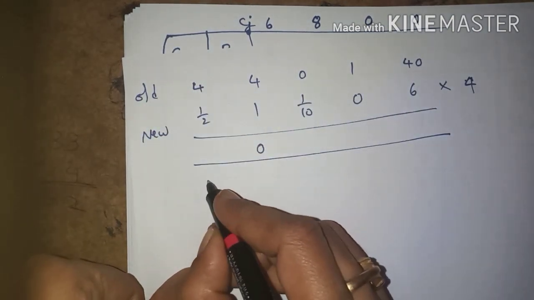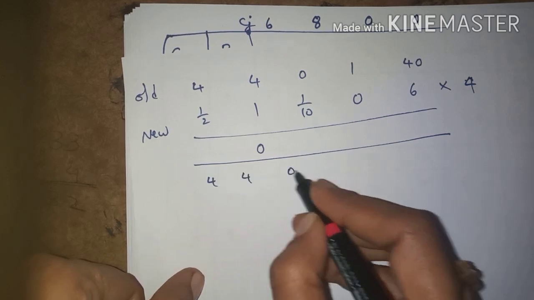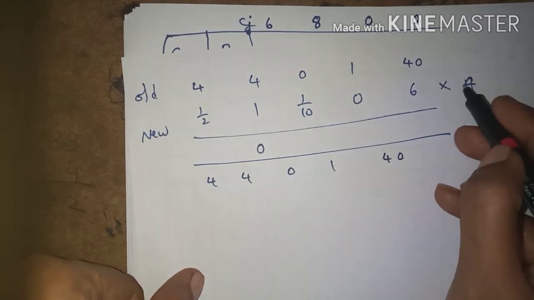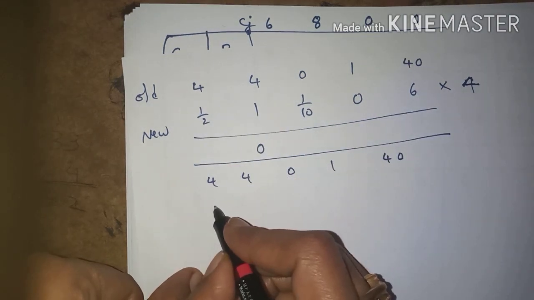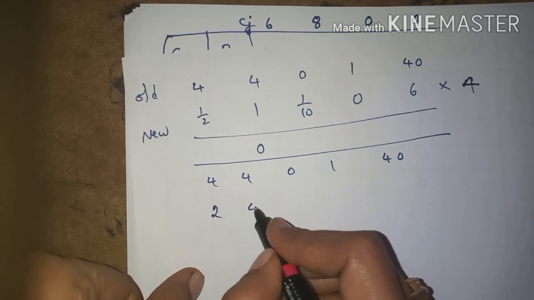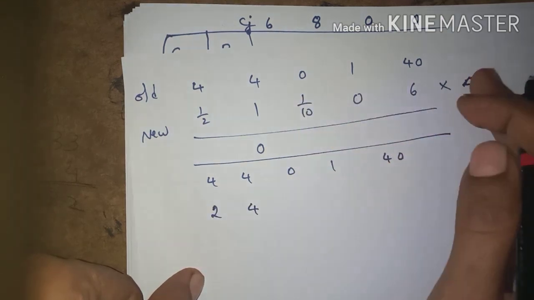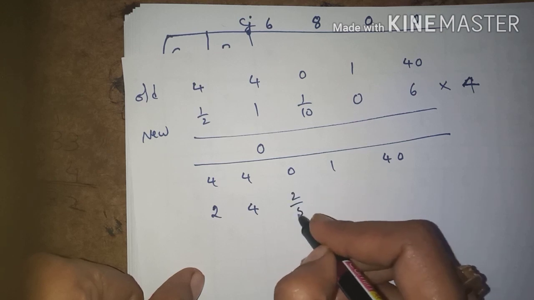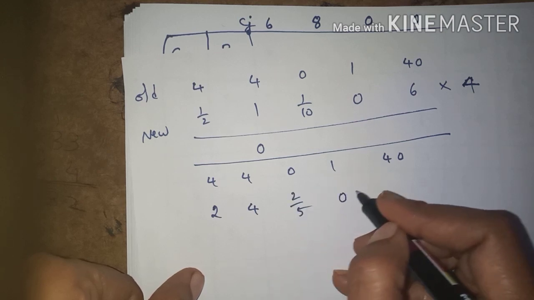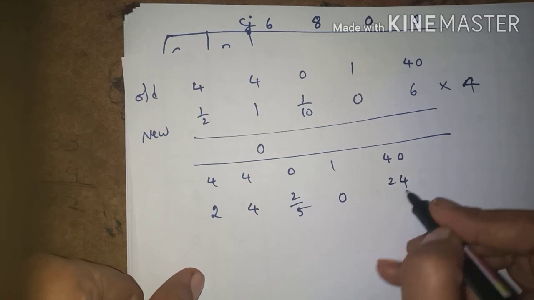I will write the first row as it is: 4, 4, 0, 1, 40. Now 4 into 1 by 2 is 2. 4 into 1 is 4. 1 by 10 into 4 is 4 by 10, which is 2 by 5. 4 into 0 is 0. 6 into 4 is 24.